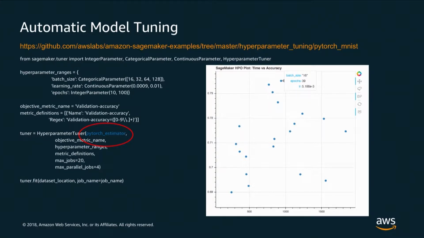In this case, I've specified batch size, learning rate, epochs, and I can have a continuous parameter, categorical, whatever I choose. In this case, you can give a regex specifying what you want to optimize on. I've specified validation accuracy. And then you can specify the max number of jobs and how many parallel instances.